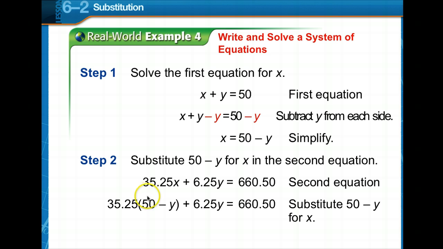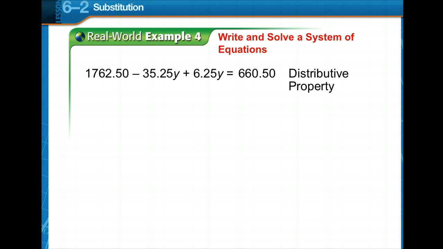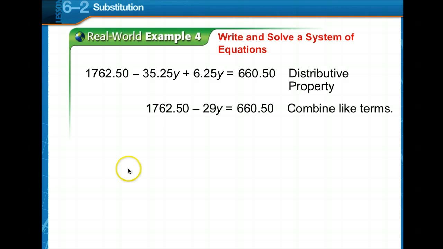So now let's use the distributive property. Distribute $35.25. We're going to multiply it by 50 and by -y. We've got some like terms here. We've got a -35.25y plus $6.25y. Combined, we get -29y.